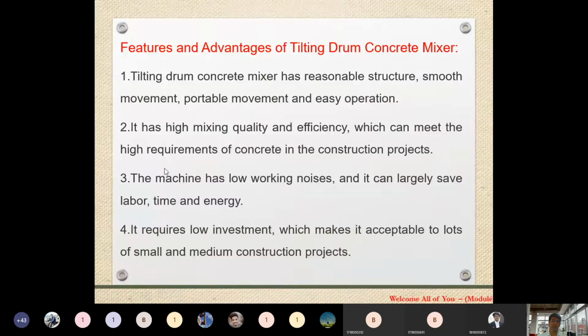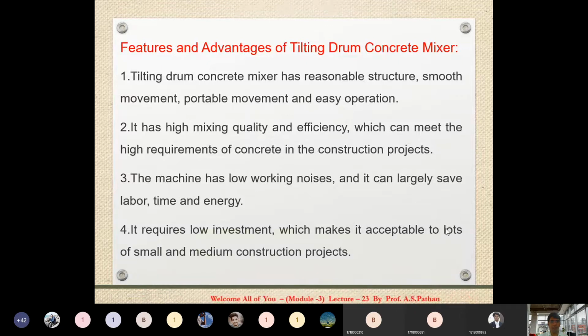If you see the features and the advantages of this tilting drum concrete mixer, the tilting drum concrete mixer has a reasonable structure, smooth movement, portable movement, and easy operations. Whenever we have to provide dense concrete in structures, if you use this type of tilting drum mixer, you can achieve smooth movement, portable movement, and easy operations.